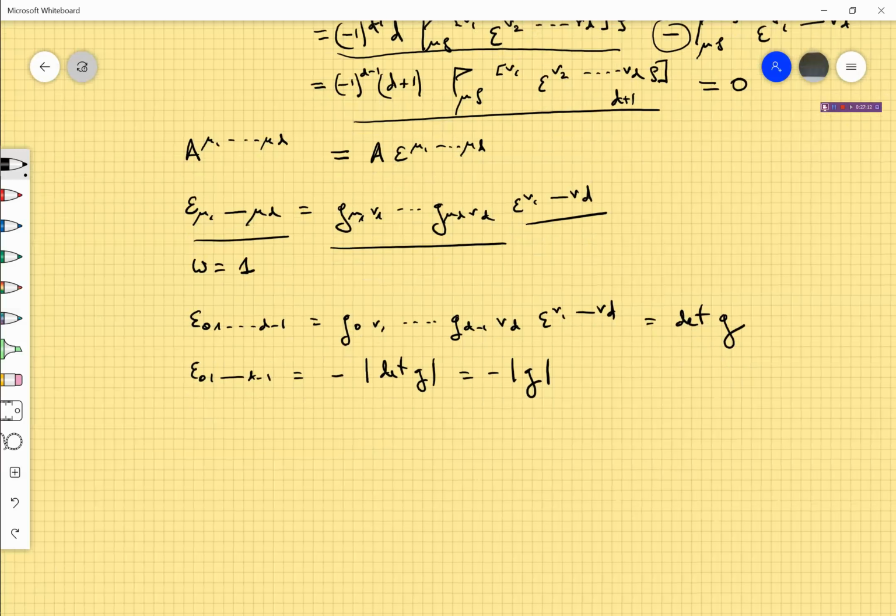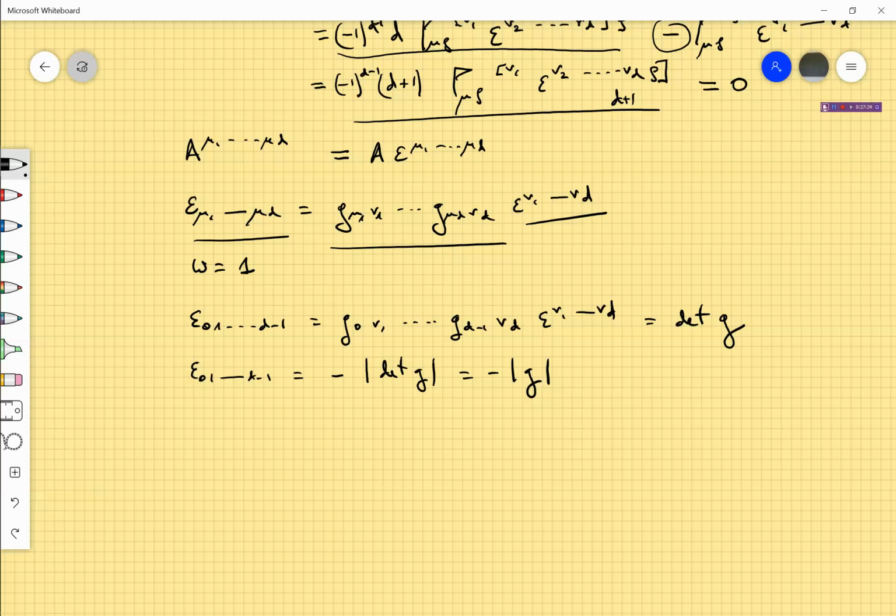Okay, I also need a lot of identities that tell me what is the result of the contraction of epsilon with indices up and epsilon with indices down. We have done this for the three-dimensional epsilon symbol in flat space, which we denote by epsilon ijk.